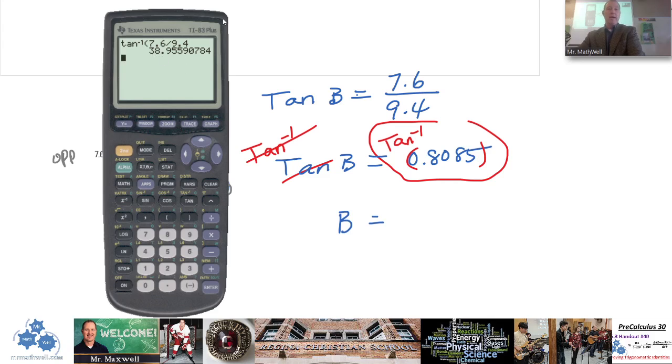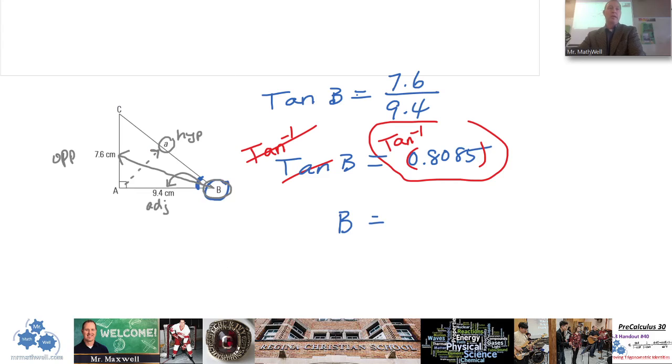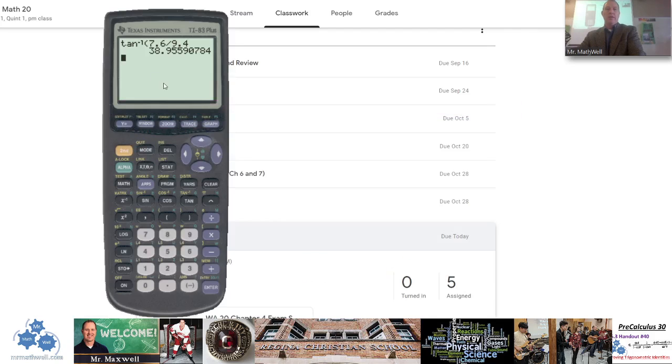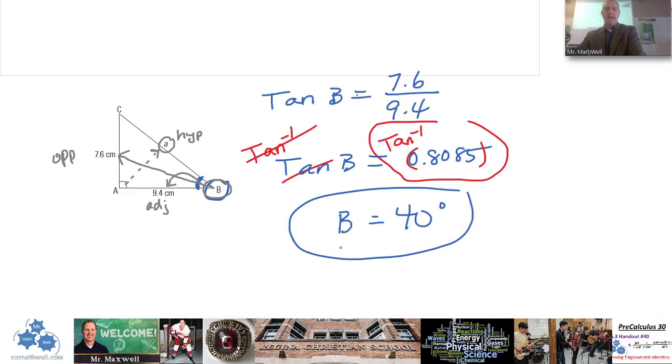So 38.9, and you can round that to the nearest tenth of a decimal place, so 38.95 would round to 39. Okay, any questions about that? 39 degrees. So that's also important, using those trig functions, right?